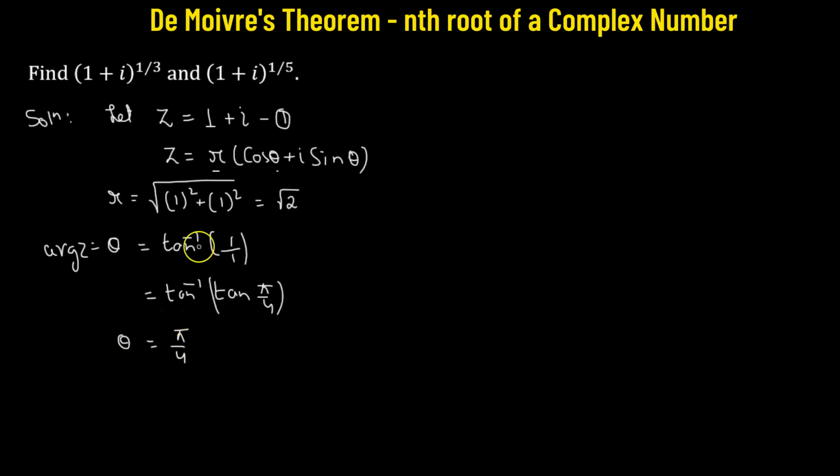So this is the value of our argument theta. Now that we have r and theta, we can represent z in polar form as z equals square root of 2 multiplied by cosine of pi over 4 plus iota times sine pi over 4.